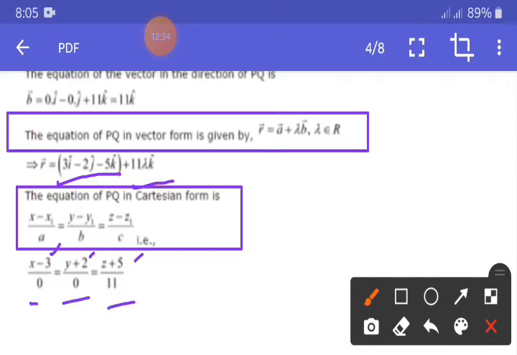So (x minus 3) by 0 equal to (y plus 2) by 0 equal to (z plus 5) by 11.